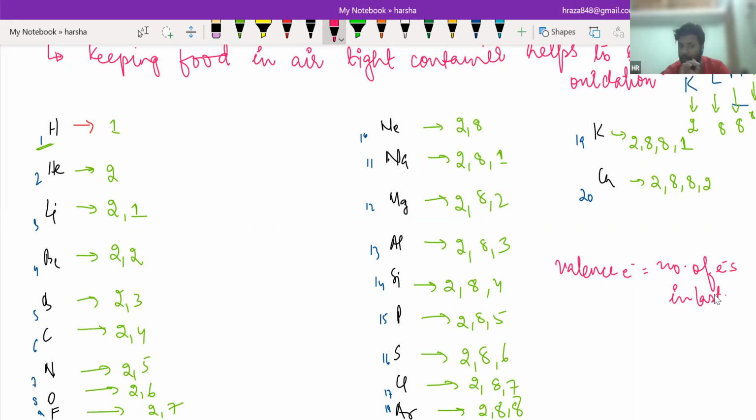Whatever is the number of electrons in the last shell, that is called valence electron. And what is valency? If valence electron is equal to 1, 2, 3, 4, that valence electron will be equal to valency.